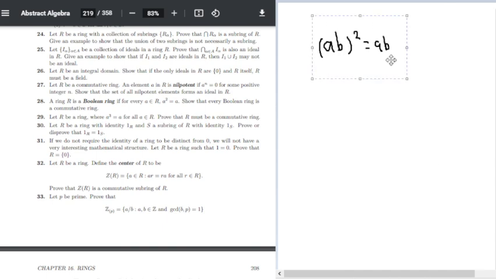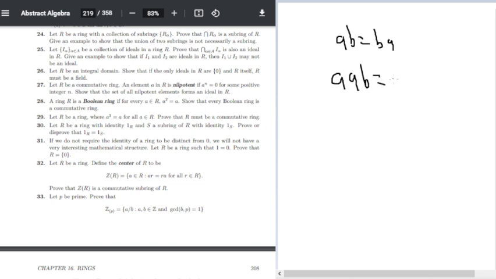Alright, so let's think carefully. So if AB is equal to BA, then we're able to multiply on the left by A, AB equals ABA, which is equal to AB, which implies that AB is equal to ABA. False. It's equal to ABA.